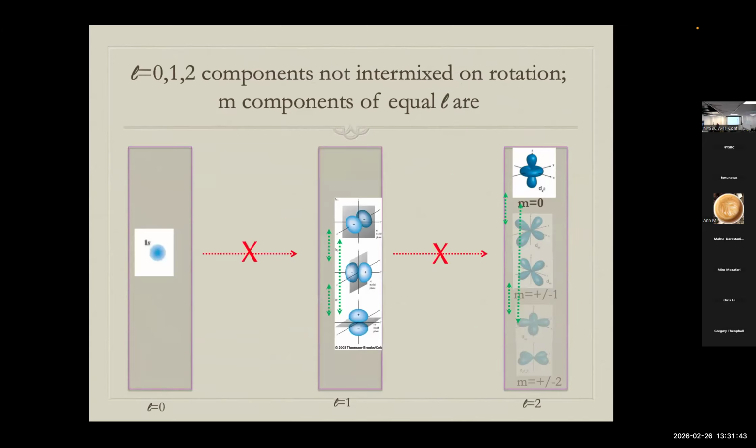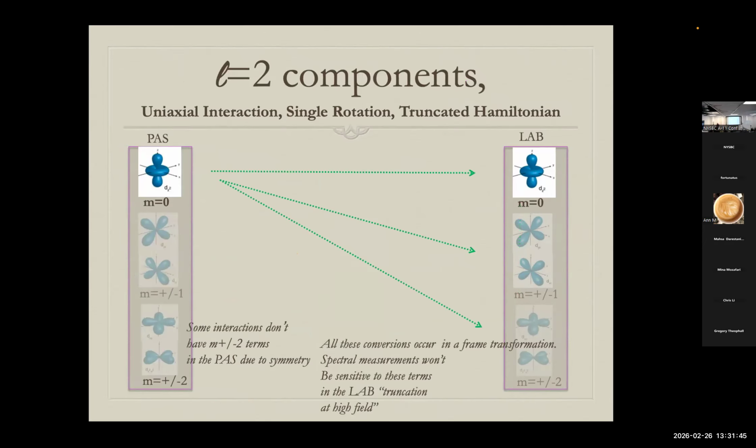However, if I rotate from one frame, the PAS, to the laboratory, there are some interesting things to keep in mind. If it's a symmetric molecule, I only have to start with one of these components. So I don't have to do 5 times 5 calculations.